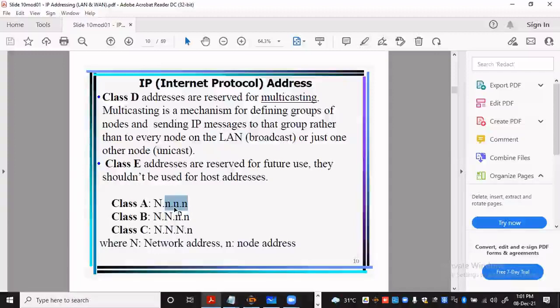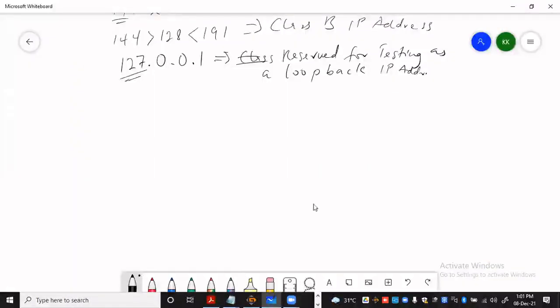The node parts are the devices that can actually be assigned IP addresses. So you have 8 plus 8 plus 8, which is 24 bits. To determine the number of IP addresses you can get in class A for the node part, you raise 2 to the power 24.